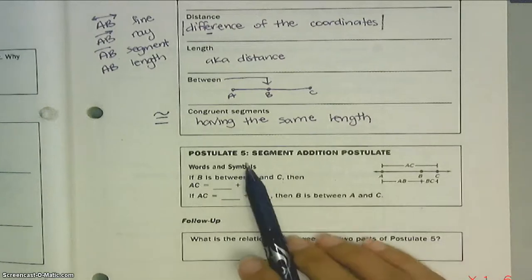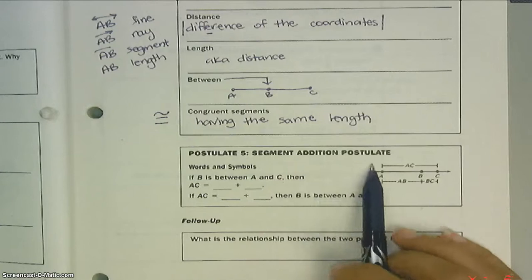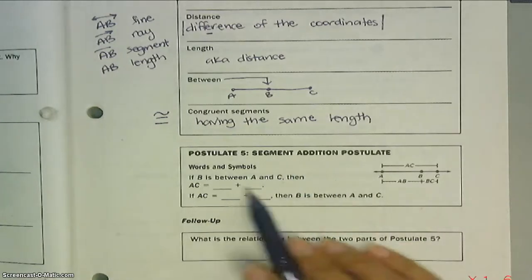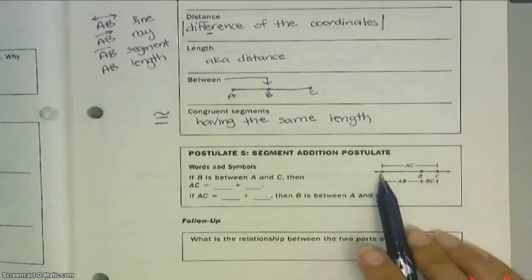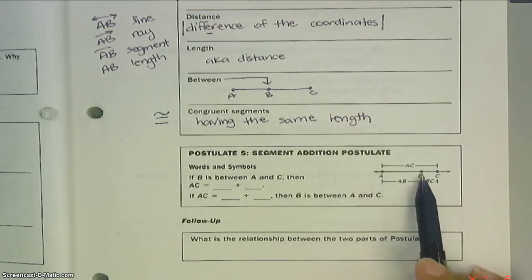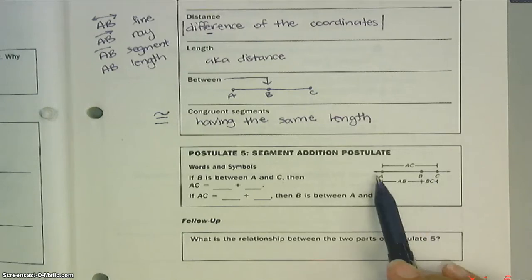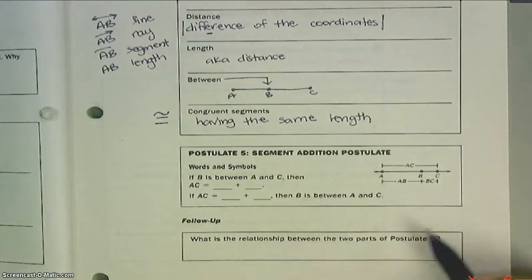All right. So, rule number 5 is called the segment addition postulate. So segment addition rule. It says if B is in between, then we can add these two little pieces to get the whole thing. So let's say I travel from A to B, and then from B to C. You could also say that I've traveled from A to C. That should kind of make sense in your head.